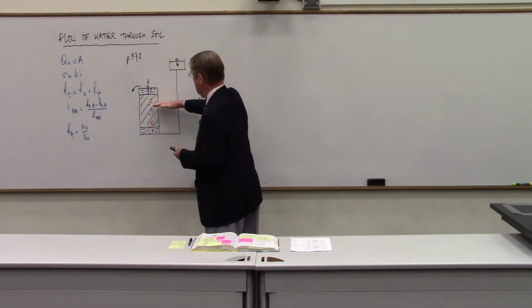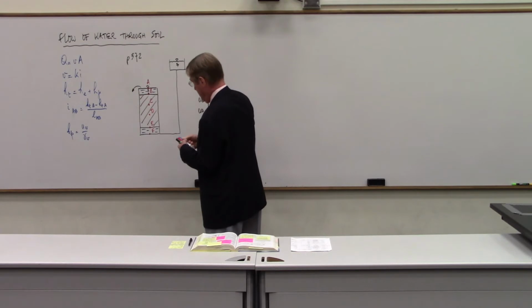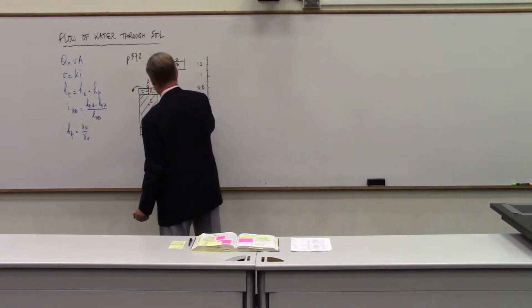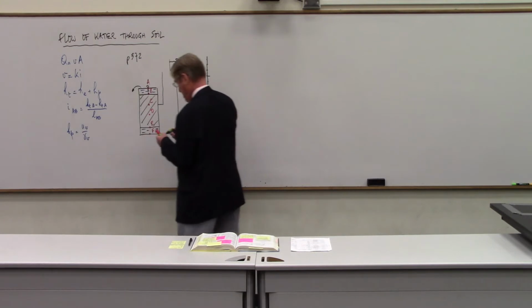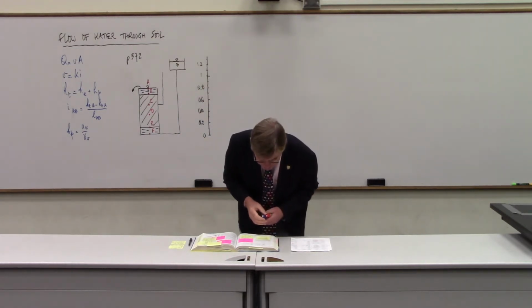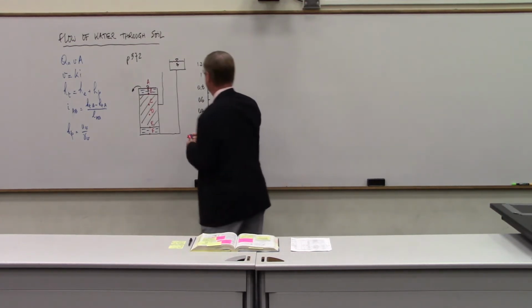Connected to C horizontally is a pipe. And this pipe is going to give us the level at which the water is rising in that pipe. And the measurements indicate that at C we are at 0.95.